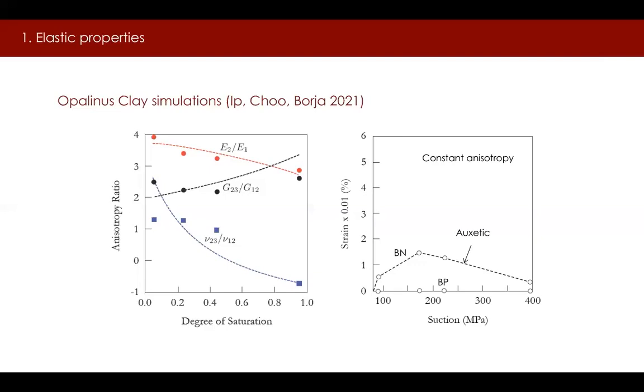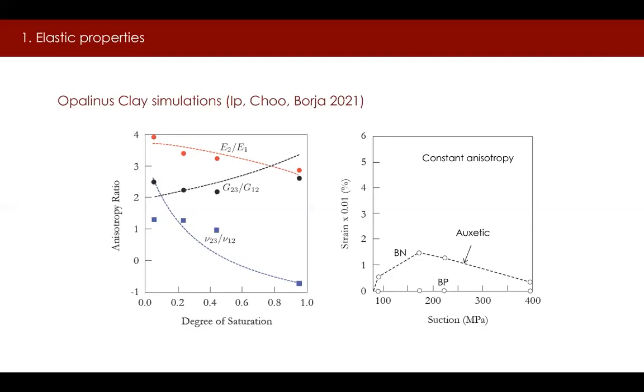Two cases of mechanical properties were simulated and compared. The case with variable stiffness anisotropy uses elastic parameters consistent with those obtained from linear regressions, while the case with constant stiffness anisotropy uses constant elastic parameters reported by Yurikov et al.